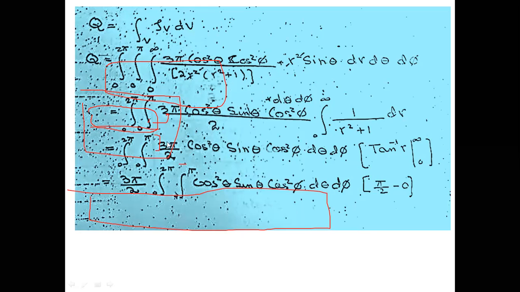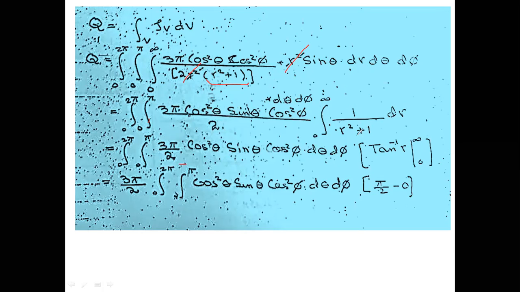Before starting the integration, do some simplification, because the r square can be cancelled out with r, so we will cancel this with this. We are left with 3 pi cos square theta sine theta and this and that. First solve for r. So we will have 1 over r square plus 1.